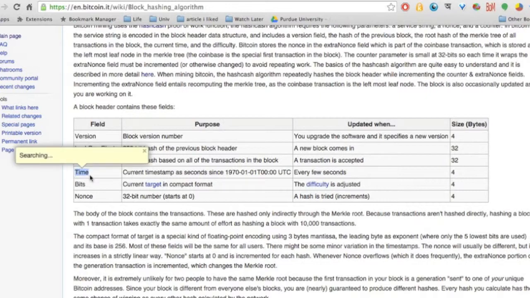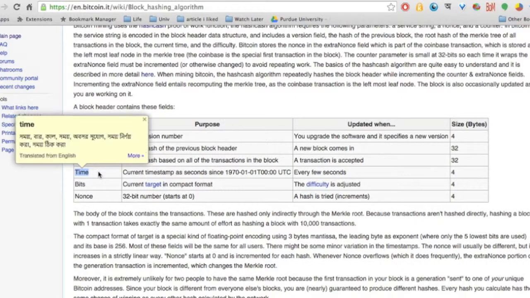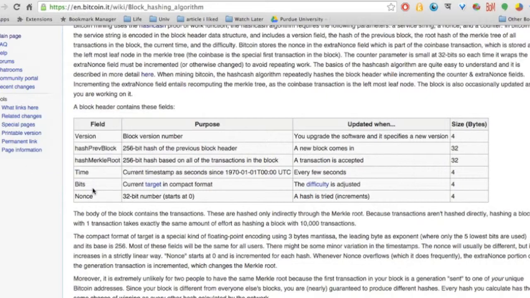And the block creation time. For example, I said that every hour we have 6 blocks. That means every block should have its creation time, and that means when it has been accepted by the consensus mechanism that the Bitcoin network has.